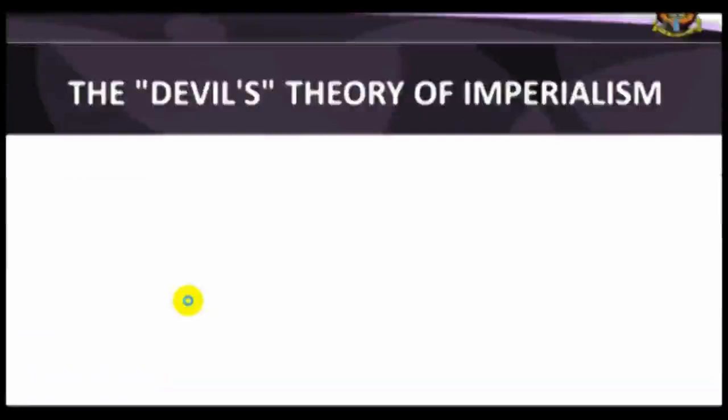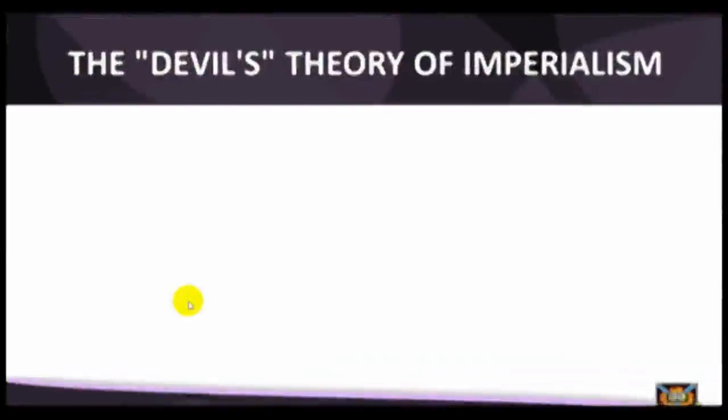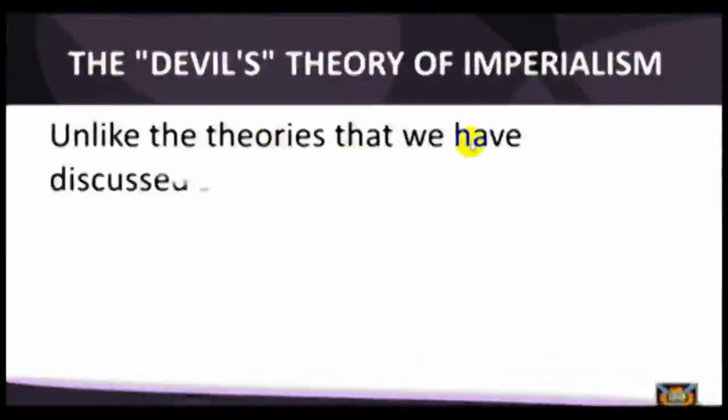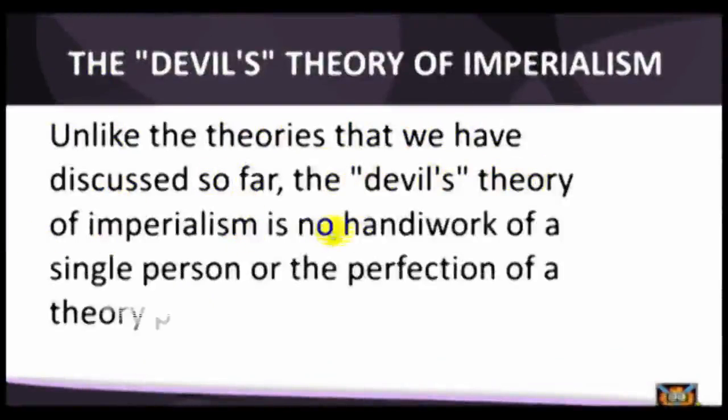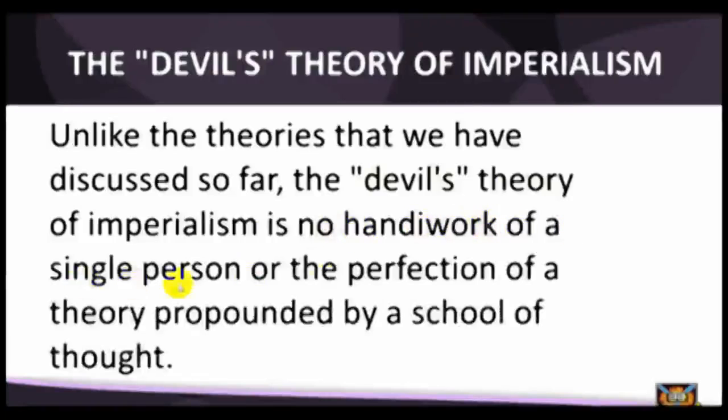The next one is the devil's theory of imperialism. Unlike the theories that we have discussed so far, the devil's theory of imperialism is no handiwork of a single person or a perfection of a theory propounded by a school of thought. Compared with Lenin's and Hobson's theories of imperialism, it is a rather facile statement.